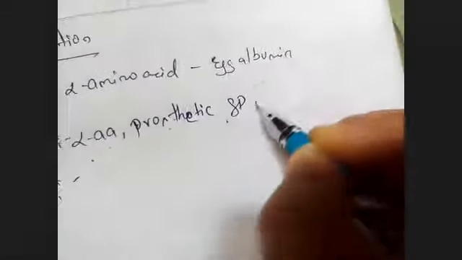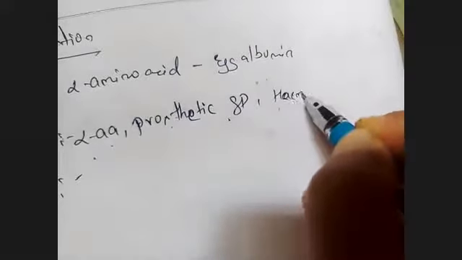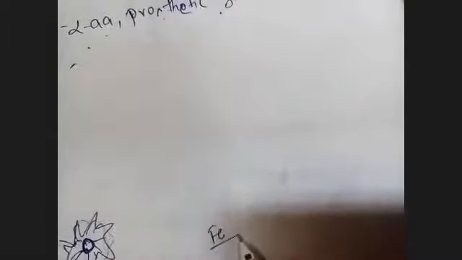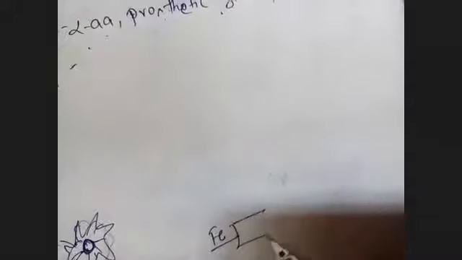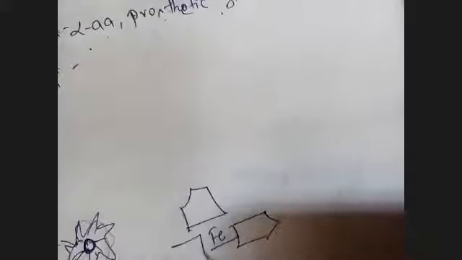The best example is your hemoglobin, because in hemoglobin you have iron as a prosthetic group and a furfuryl ring. Do you know the structure of hemoglobin?